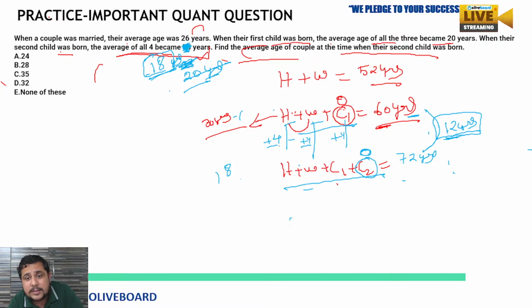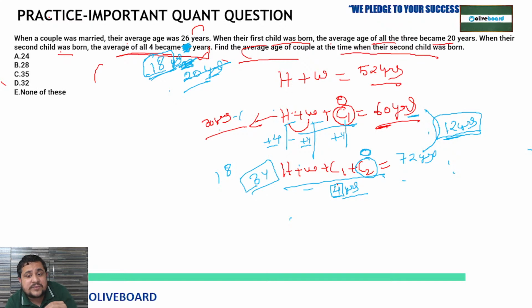4, 4, 4, right? So 4 means child 1 is 4 years old here, okay. And if 30 years was the average age during the first child, then after 4 years their average age will be what? 34, we can say.